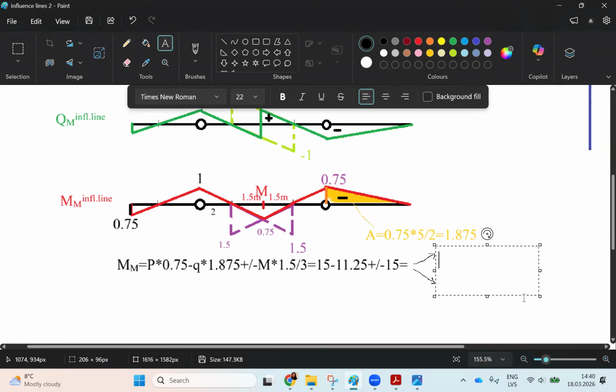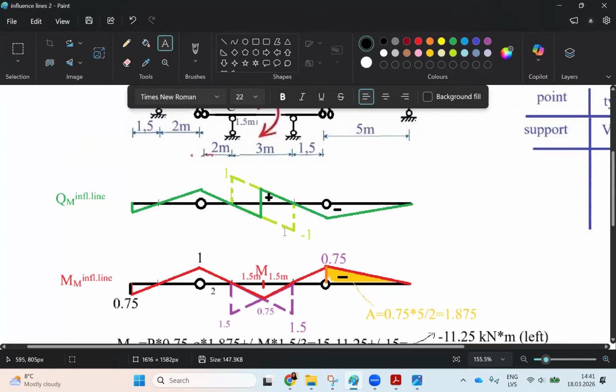From the left, the left value, and my positive 30 minus 1125, it's plus 1875, from the right side.